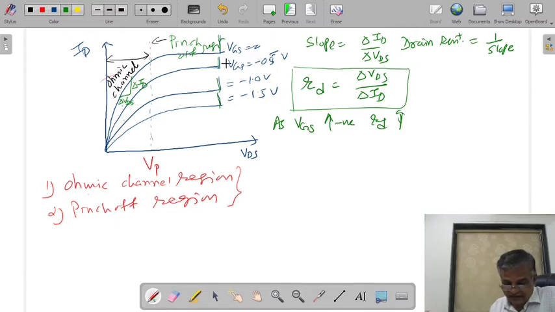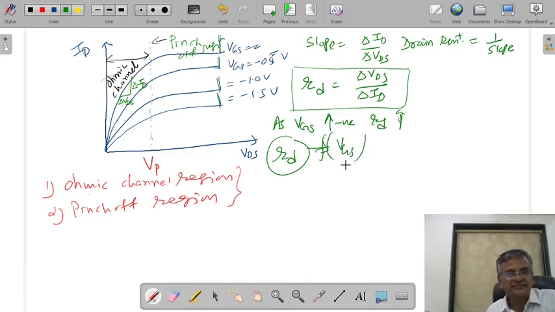So as the gate voltage increases here, the resistance of the FET increases, meaning the resistance of the FET depends upon the gate voltage.